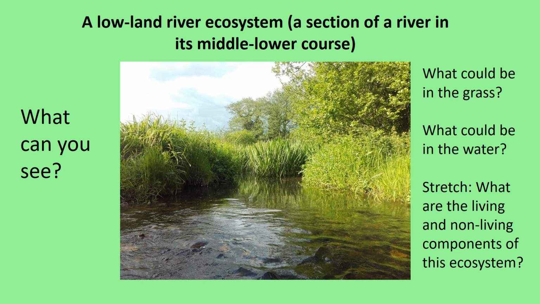For a little bit more of a stretch, what are the living and non-living components of this ecosystem? So slightly more difficult. The living components might be slightly easier, but what are the non-living components of that particular ecosystem? So take a minute to think to yourself, pause the video, then press play again once you've done that.